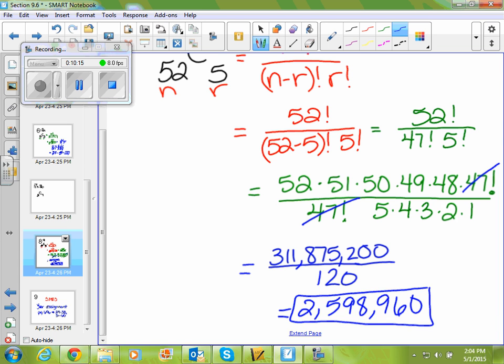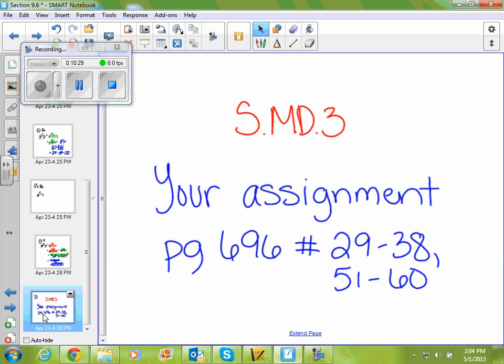So it would be 2,598,960 different ways to take 52 cards and get 5 different combinations of those cards. Okay. So we're going to work through combinations and permutations 29 through 38 and 51 through 60.